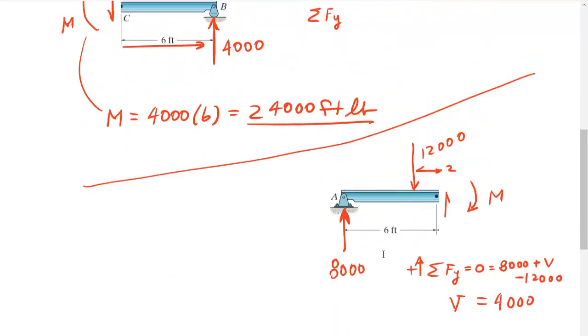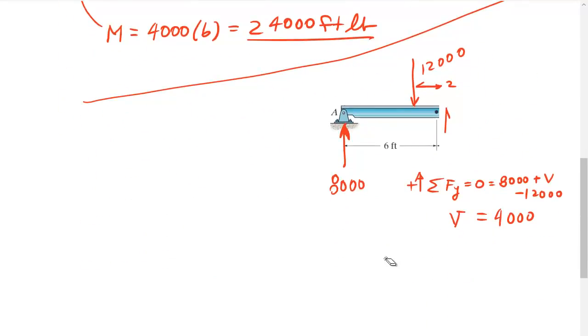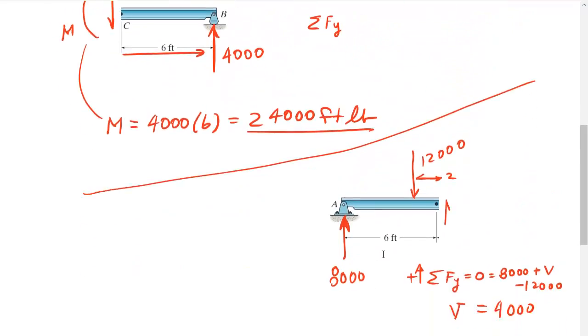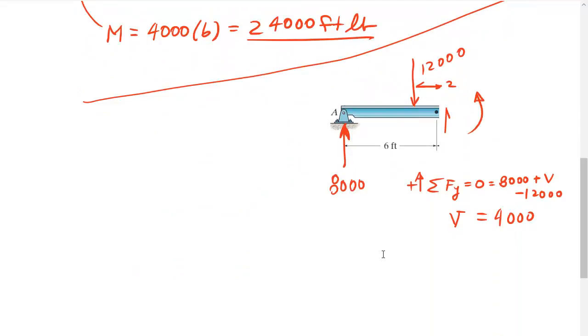Actually, let's go with it the other way. It doesn't really matter at this stage of the game. What you do is you sum the moments about the point C, which was right here, and that equals 0. It equals M.